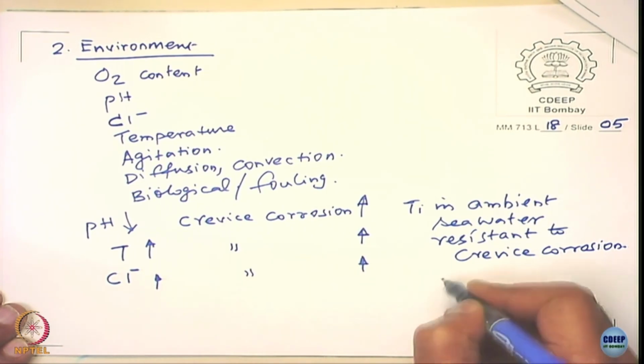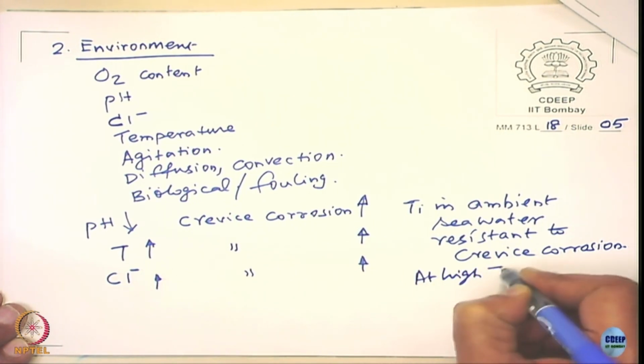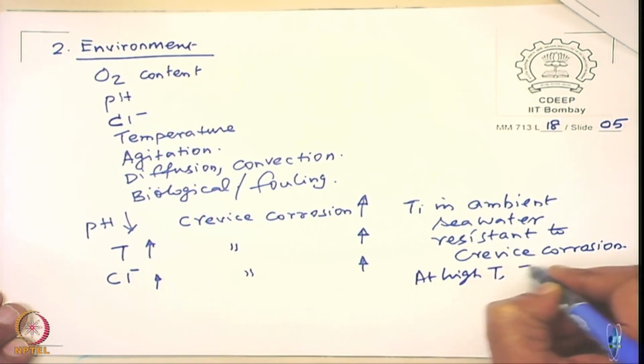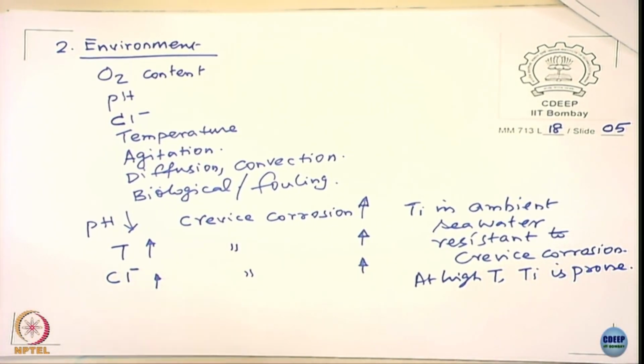If you raise the temperature, at high temperatures, titanium is prone. The reason being the chloride attacks the passive film and exposes the bare metal, and so what happens? The crevice corrosion occurs. So we will see the role of metallurgy in crevice corrosion later.